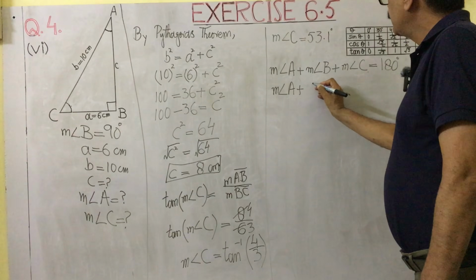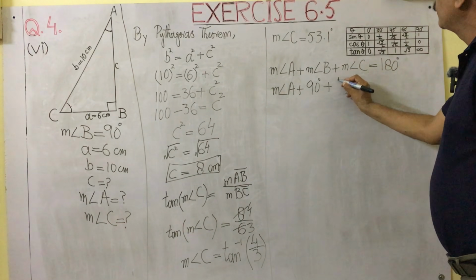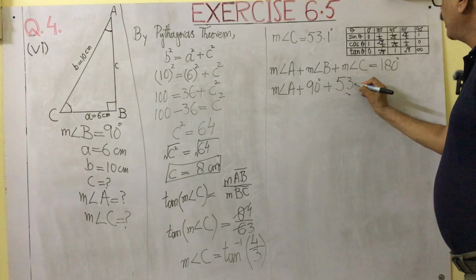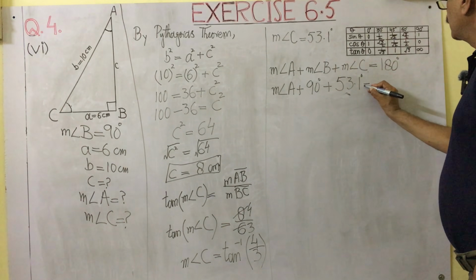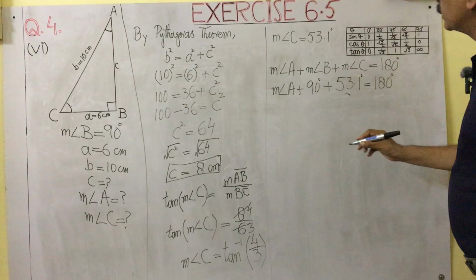Angle B is of 90 degrees and angle C is 53.1 degrees.